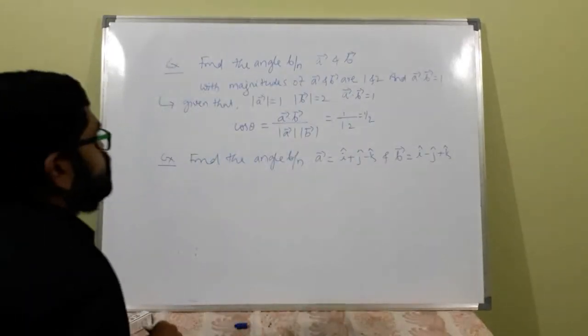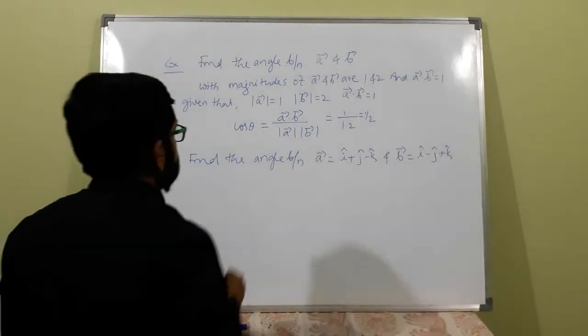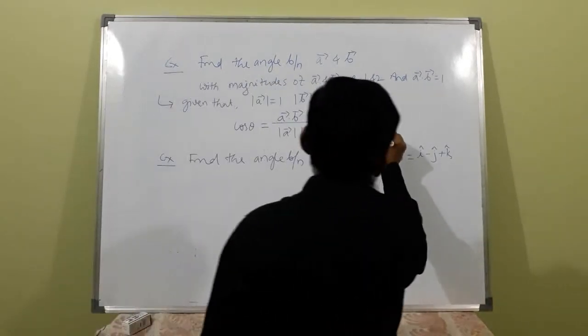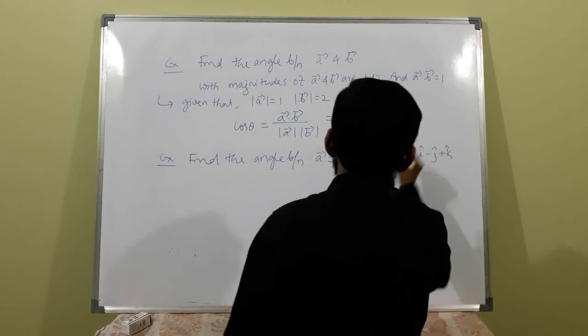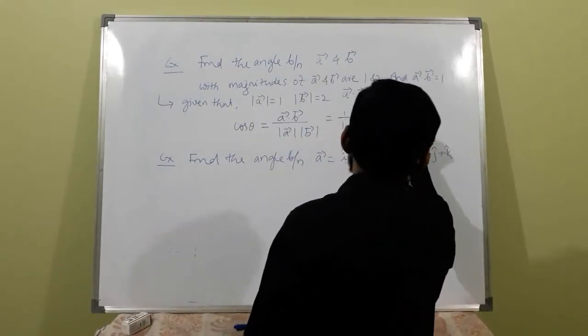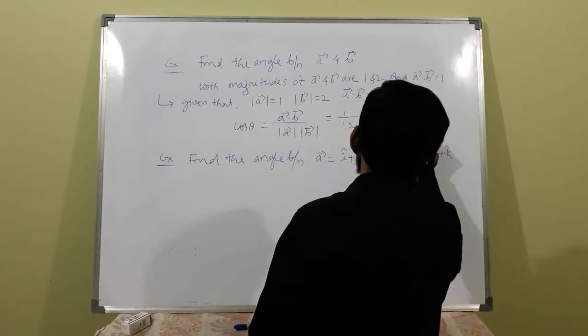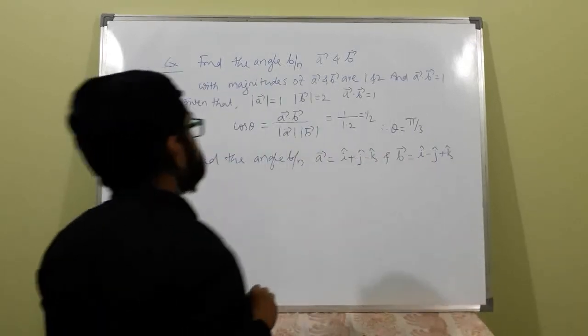So cos theta is half means theta should be, therefore theta is equal to how much? Pi by 3, 60 degrees.